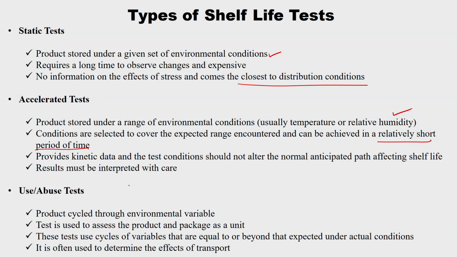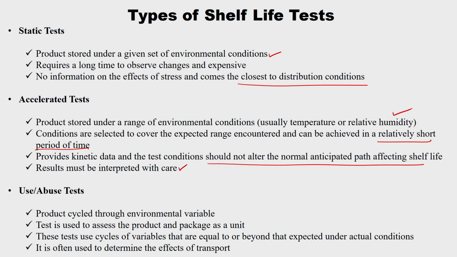And also it provides the kinetic data, since it is an accelerated test, and time is also taken into consideration. These conditions should not alter the normal anticipated path which affects the shelf life, and results must be interpreted with care, because the kinetic part is involved here.